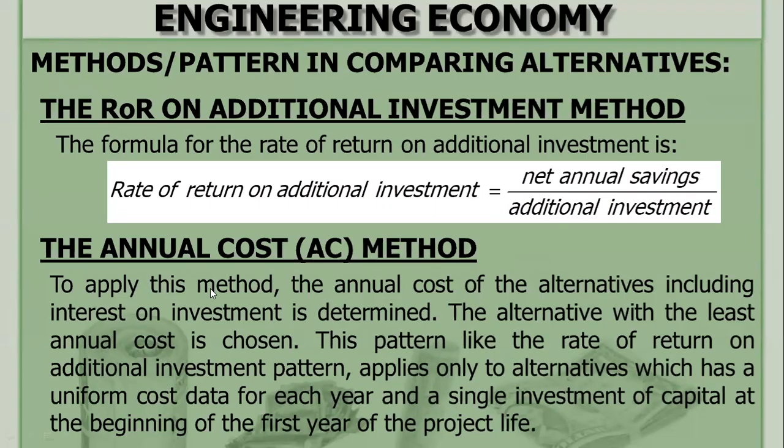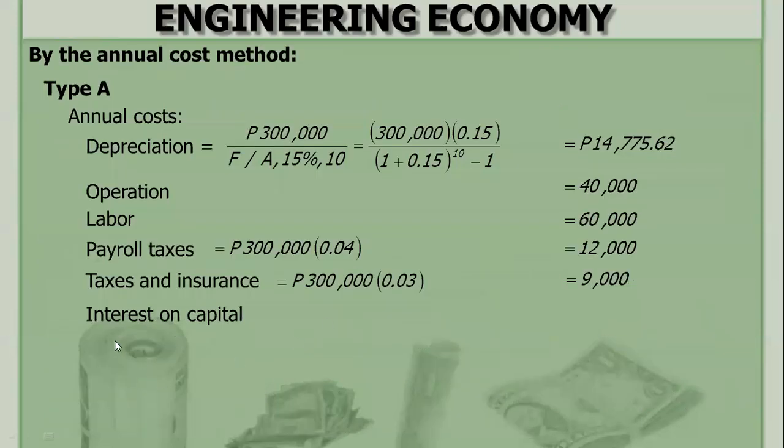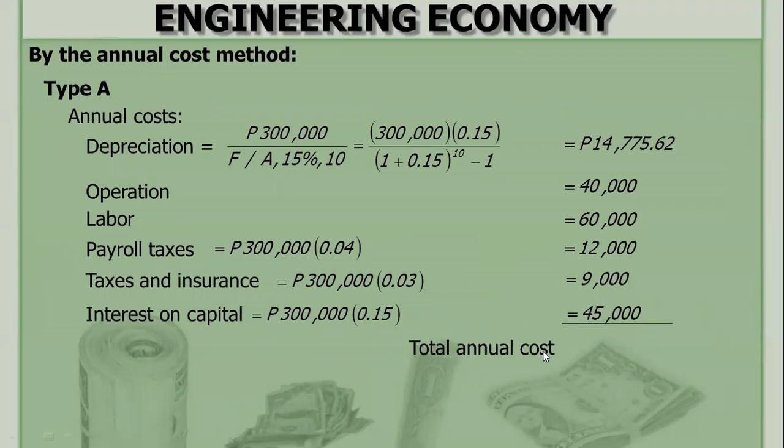To recall, to apply this method, the annual cost of the alternatives, including interest on investment, is determined. So the interest on capital is considered as a cost, 15%. And that's 45,000. So the total annual cost is 180,775.62.